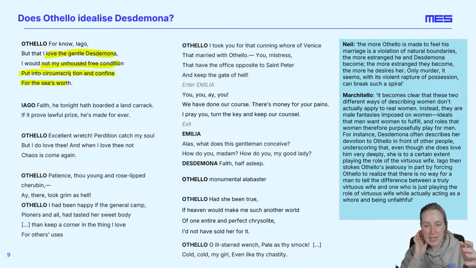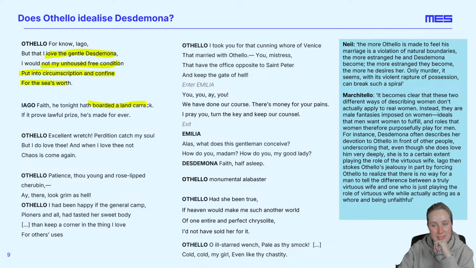Iago also says, faith he tonight hath boarded a land carrack, if it prove lawful prize he's made forever. Here we have Iago talking to the other characters before the court scene, not in front of the court, but outside of the court, essentially, in Act 1, Scene 2.